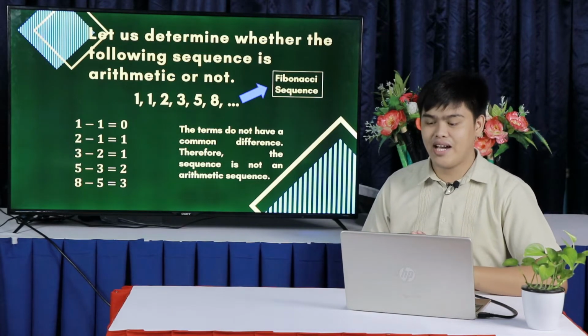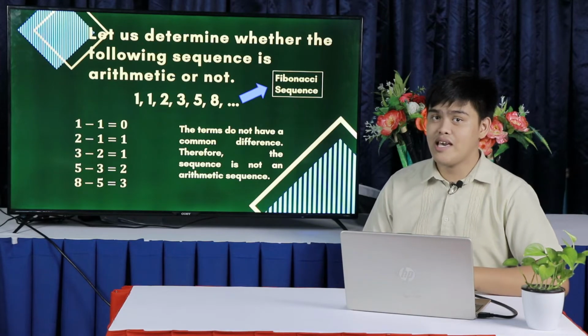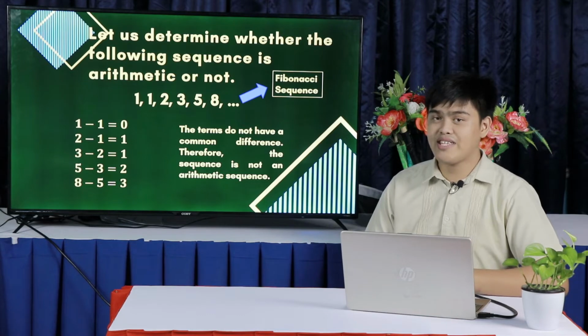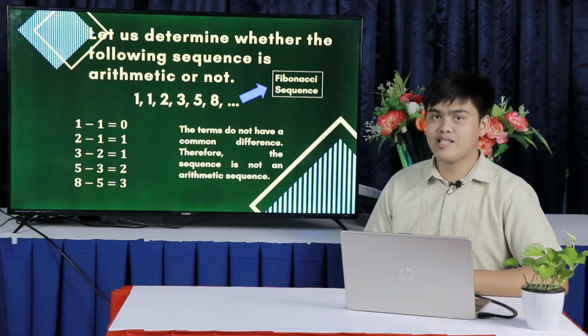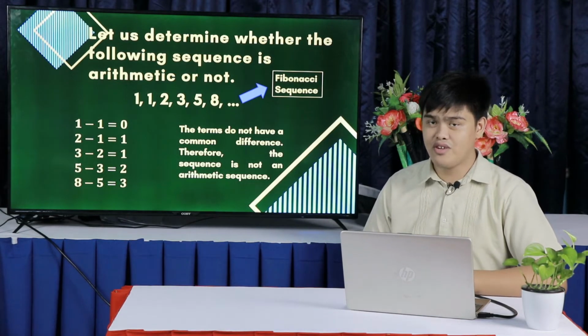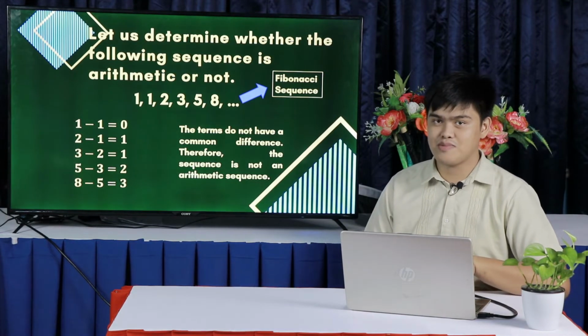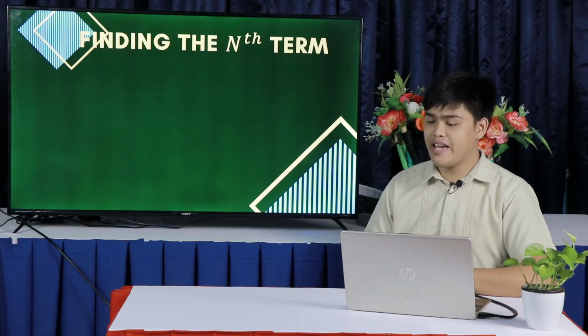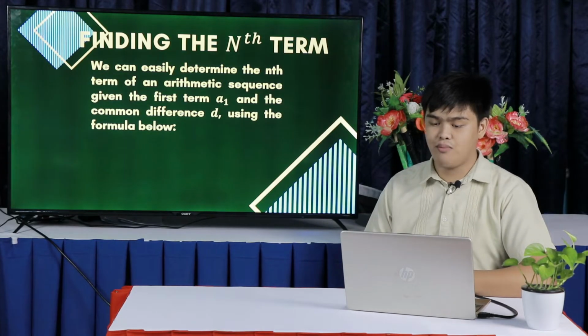Now that you know how to identify whether a sequence is arithmetic or not, let us now proceed to finding missing terms of an arithmetic sequence, the common difference, or the number of terms. It is simple to find the nth term of a sequence given the first term, or a sub 1, and the common difference d.